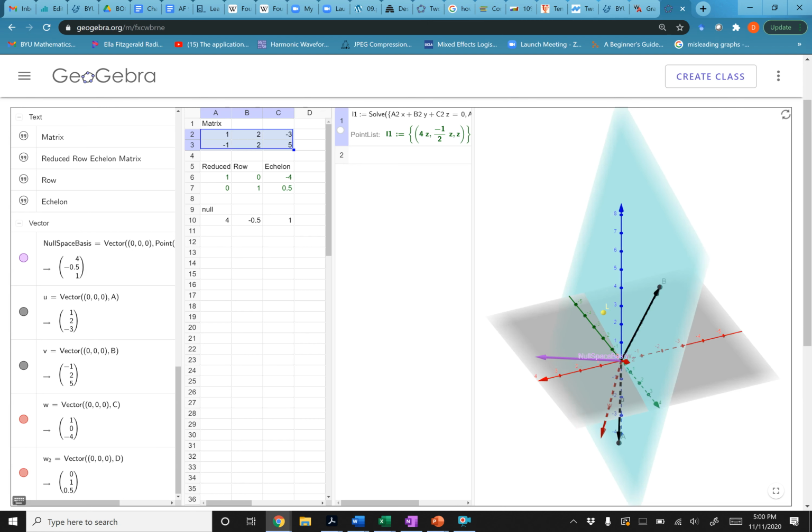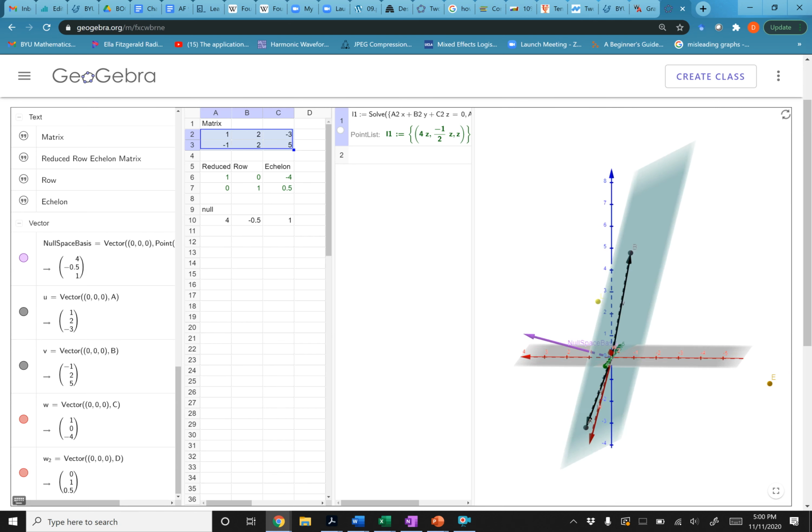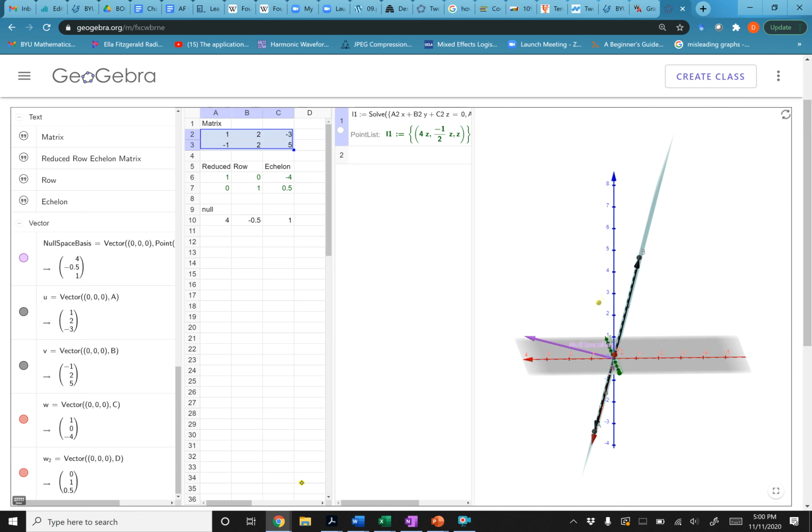So if you have a subspace, like this blue plane, then the orthogonal complement to that plane is all of the vectors that start at the origin that are perpendicular to that.